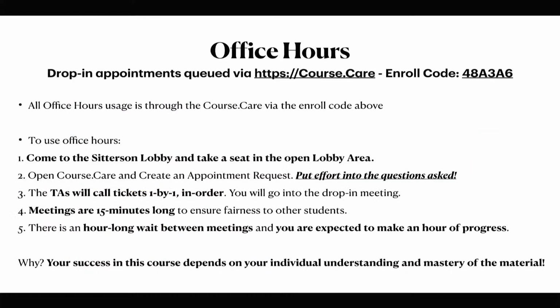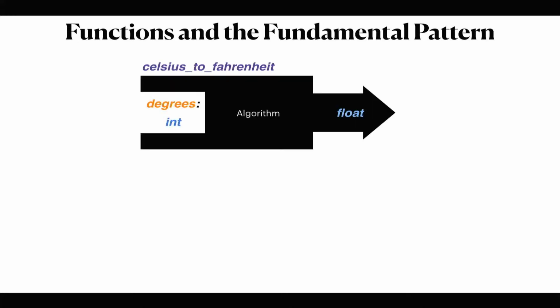All right, I want to talk very briefly about how this relates to the fundamental pattern, which we discussed on Thursday. One of the ways you can think about the definition of a function is that it becomes what we think of as a black box. And that black box has some input holes where we can put our values.